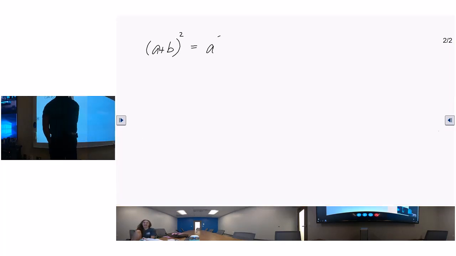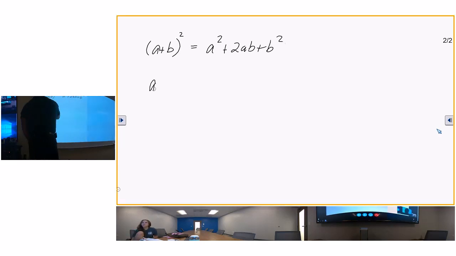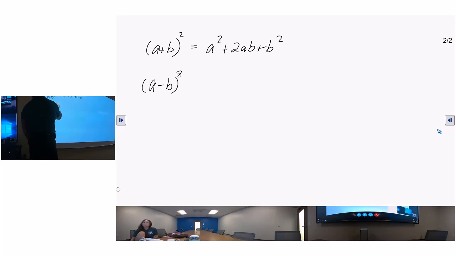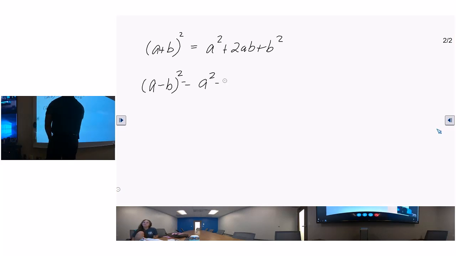A squared plus 2AB plus B squared. A minus B, quantity squared, is equal to A squared minus 2AB plus B squared.